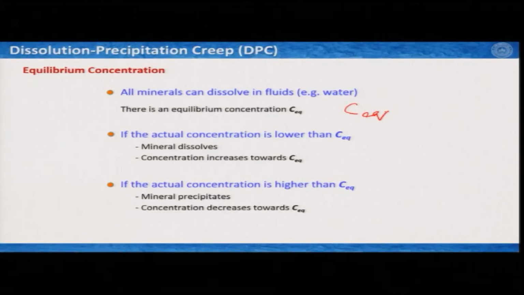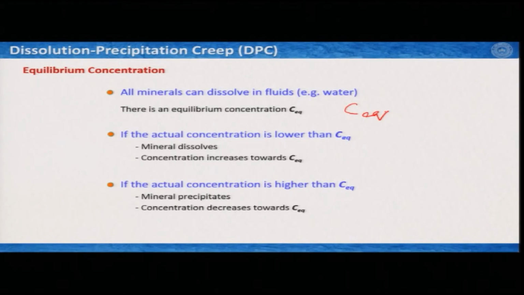So, there must be some sort of an equilibrium concentration. We can think that all minerals can dissolve in fluids, it can be dissolved in water, it can be dissolved in carbon dioxide and so on, and therefore, as we talked about, there is an equilibrium concentration. Let us assign this as CEQ.